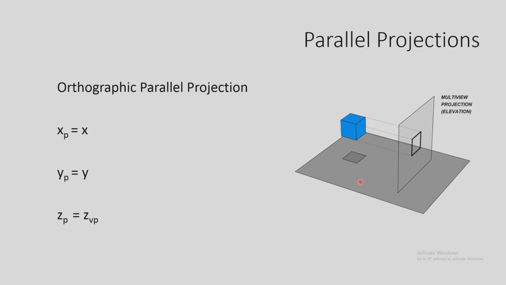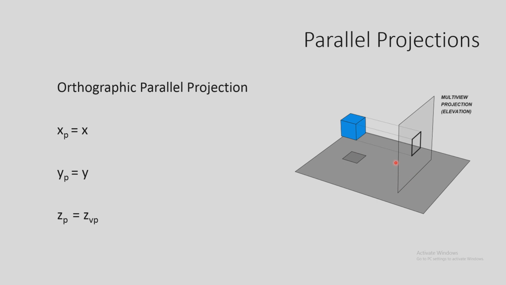So take the z coordinate of this point, for example. This point is projected here. This is the z direction, this is the y direction, and this is x. So if this point is displaced to this location, x will be the same, because we are moving the same distance in the x direction.